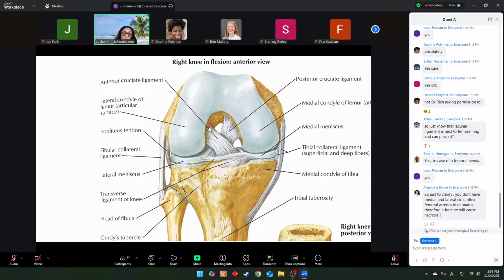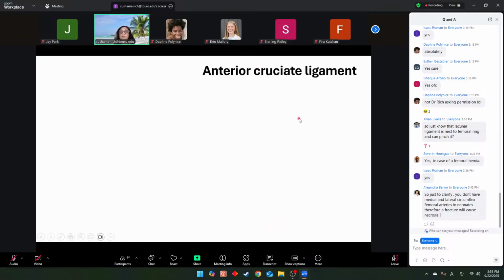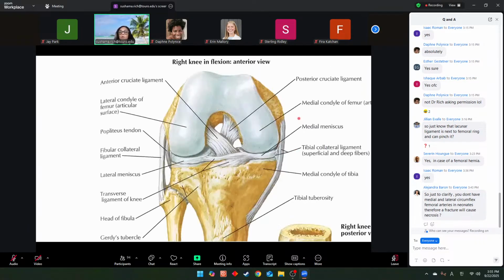Because it attaches posteriorly on the femur, it prevents the femur from rolling back. PCL does the opposite. ACL is the weaker one, with less blood supply. It tears often, and if it tears, the tibia will pull forward anteriorly. So know the attachments of these ligaments, which will give you an idea of what happens.